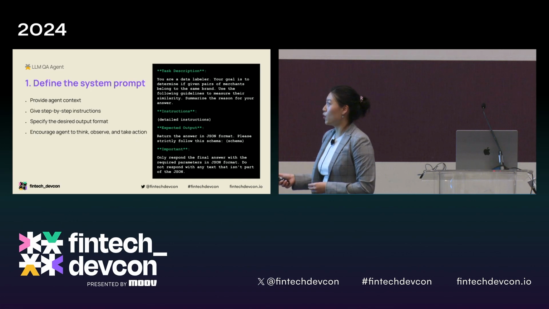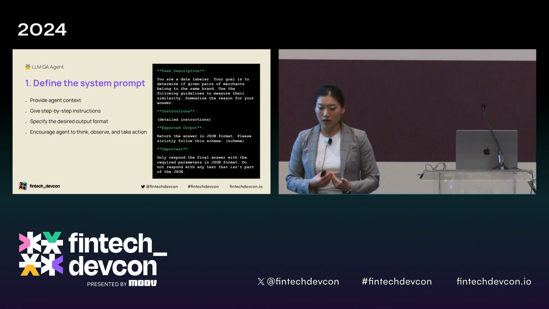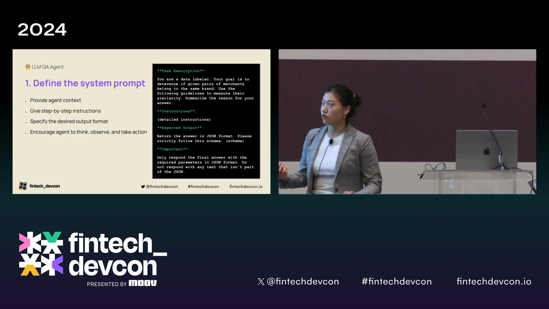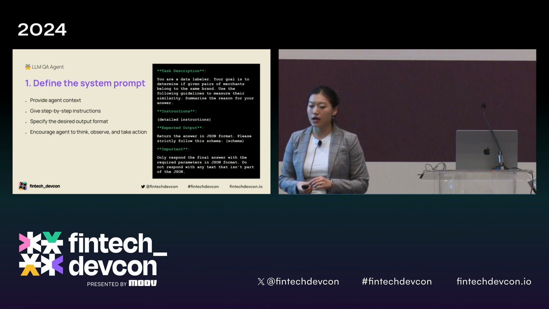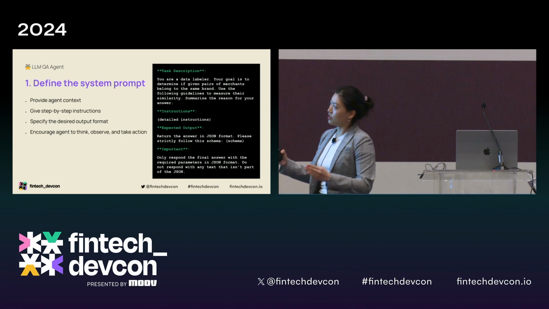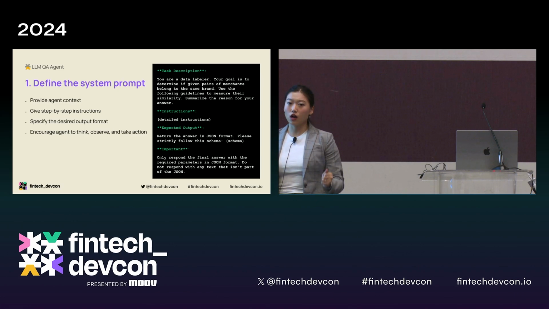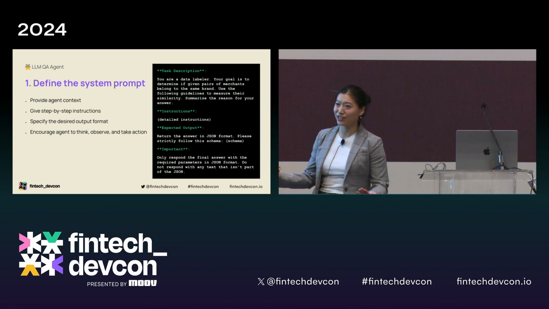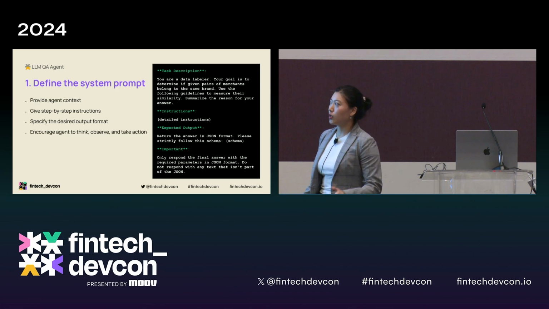And lastly, an important part: we add this because we noticed that sometimes the agent will hallucinate. It will just return something else instead of the expected output format. That's why we constrain it to only respond with what we want. Besides that, you can also encourage your agent to think, observe, and take actions, which is actually the ReAct prompting format. We will discuss that later.